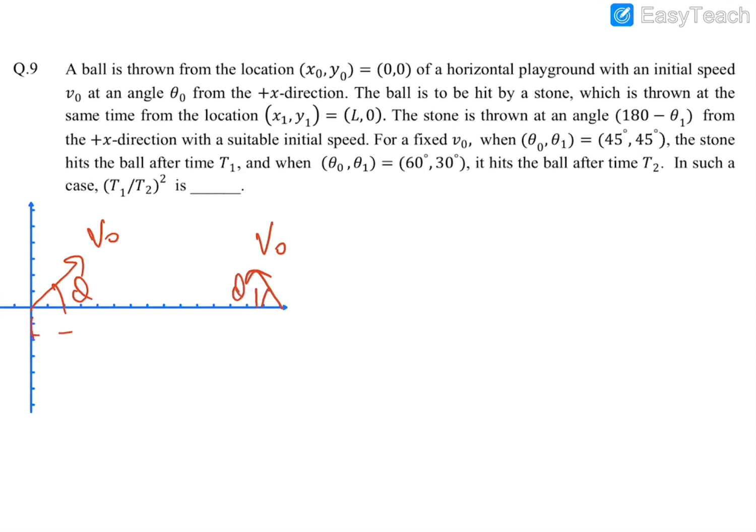Okay, the distance between these two is L, and we have to find out that if these angles are 45, then they will hit each other in time t1, and if these angles are 60 and 30, then they will hit each other in time t2. We have to find out t1 square by t2 square. We know that in the first case, when theta is equal to theta 1 is equal to 45 degree, then obviously their y components would be same, and now this is not v0, in fact this is something else, v.